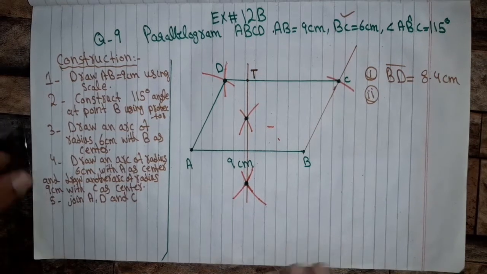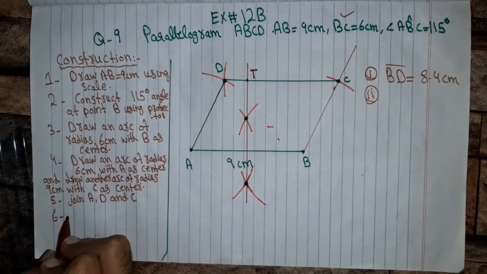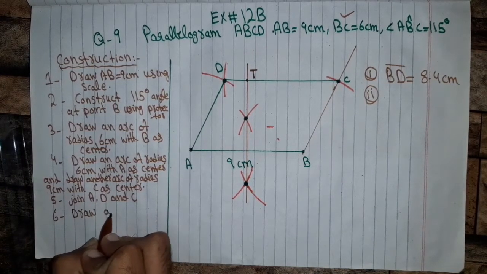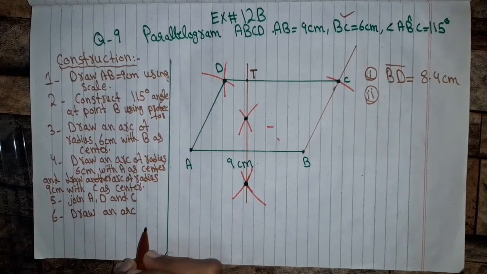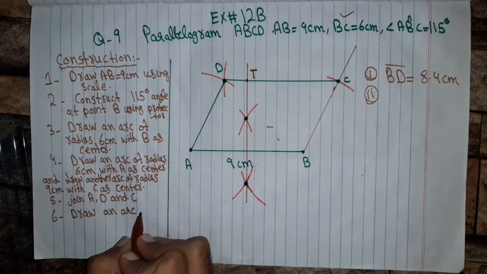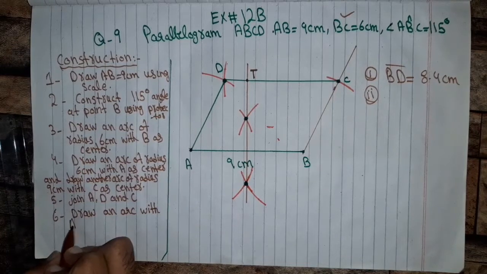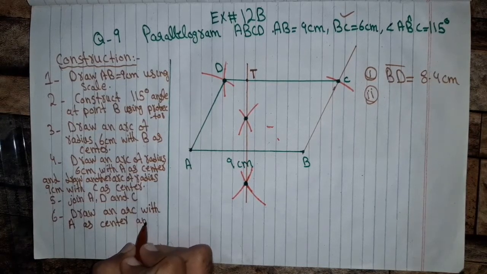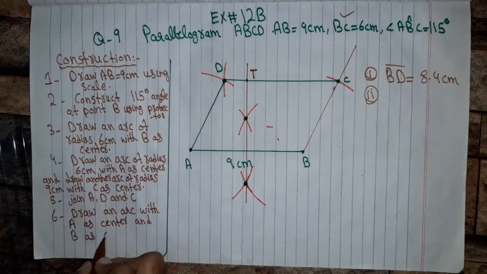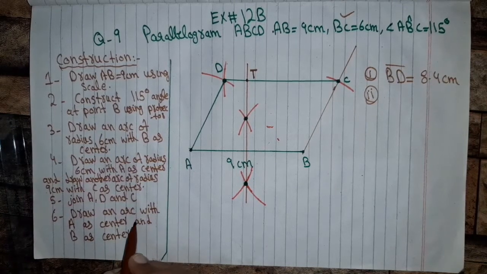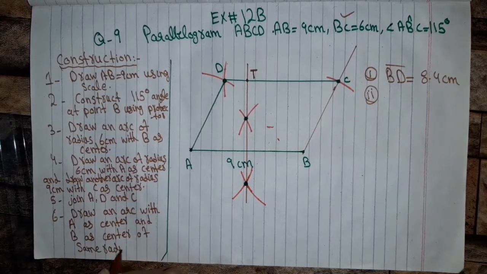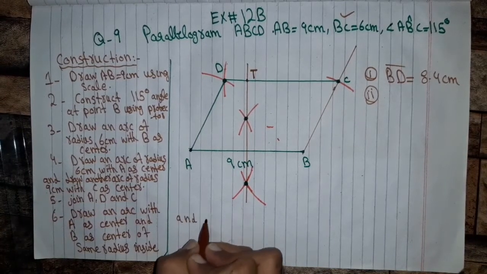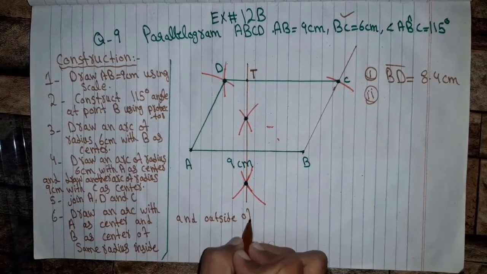So I will write the construction steps for this. Step 6: Draw an arc with A as center and B as center of the same radius, inside and outside of the parallelogram.